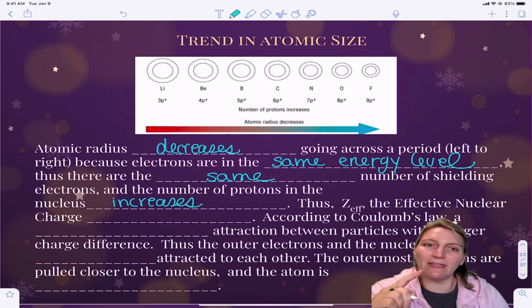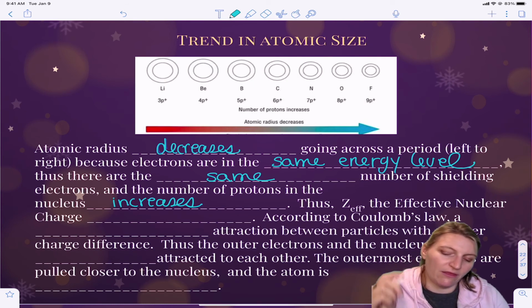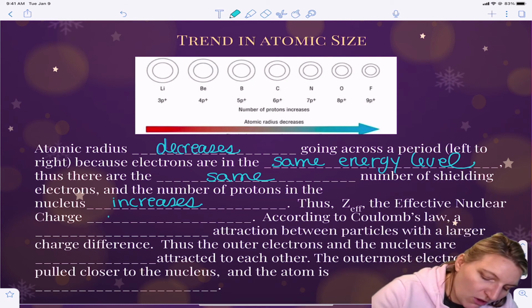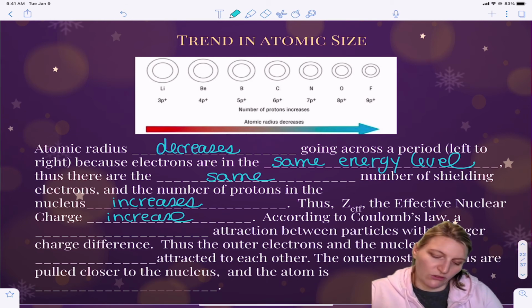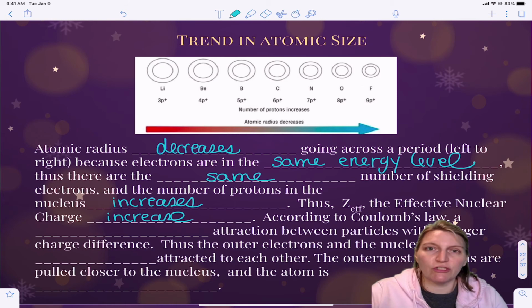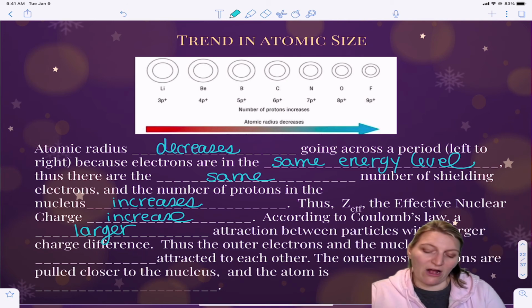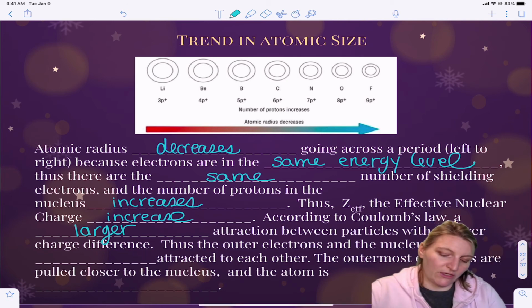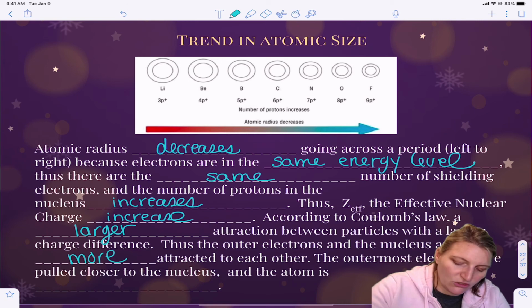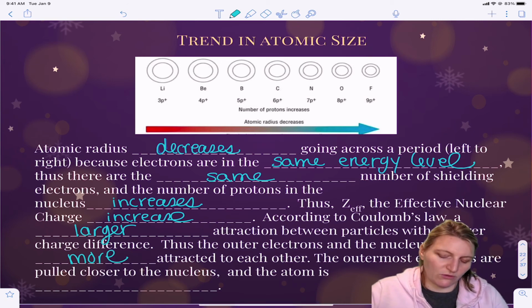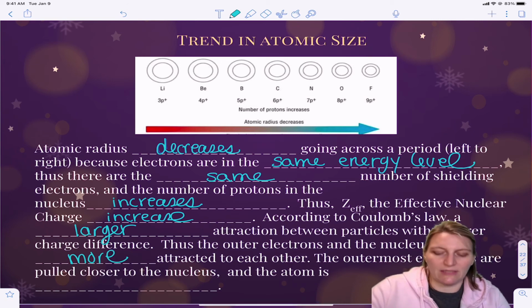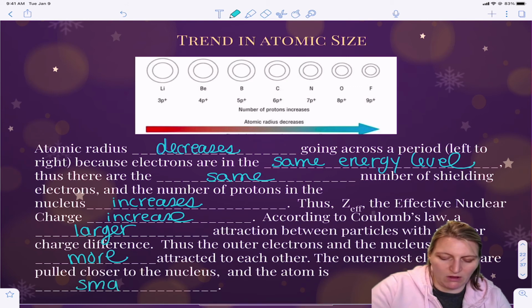Thus, Z effective, because that would be protons minus shielding electrons, the effective nuclear charge will also increase. And according to Coulomb's law, a larger attraction occurs between particles with a larger charge difference. Thus, the outer electrons and the nucleus are more attracted to each other, and the outermost electrons are pulled closer to the nucleus, and thus the atom is smaller.